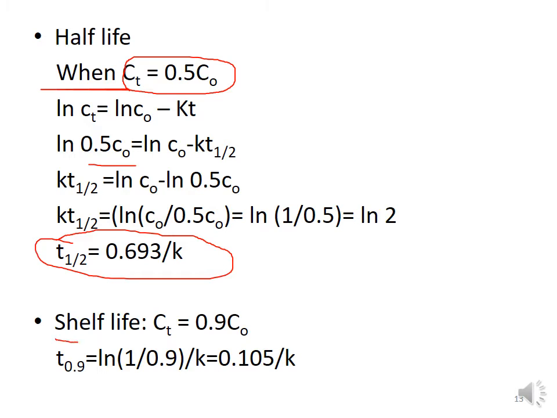The shelf life is when the concentration equals 90% of the original value. In case of first order reaction, the shelf life equals 0.105 divided by the reaction rate constant.